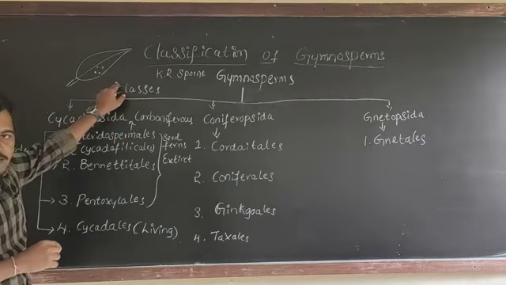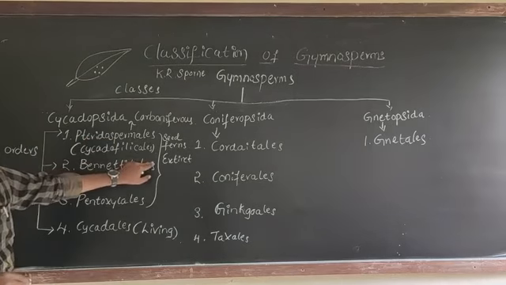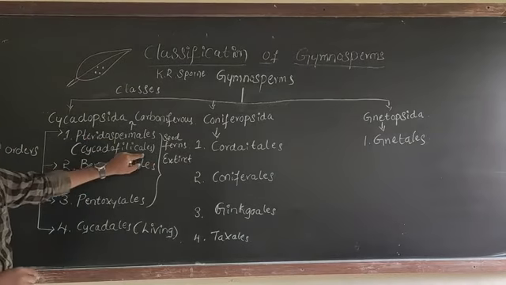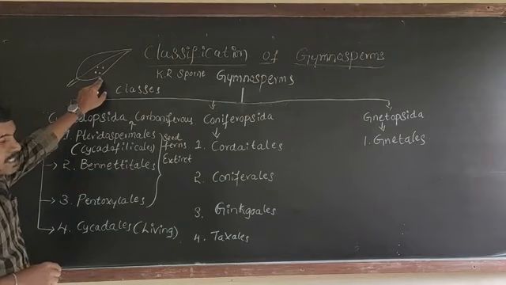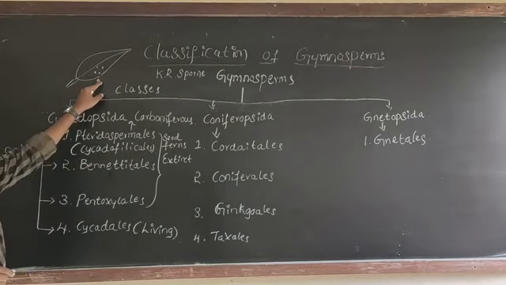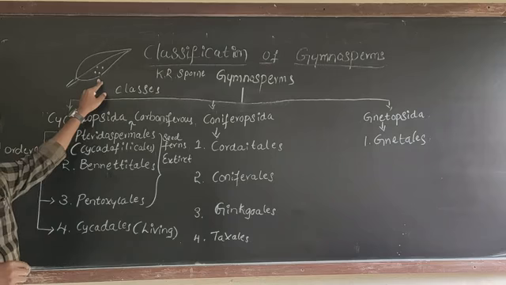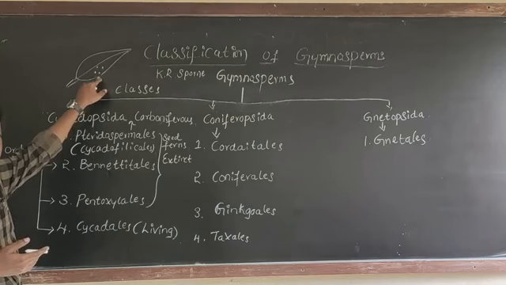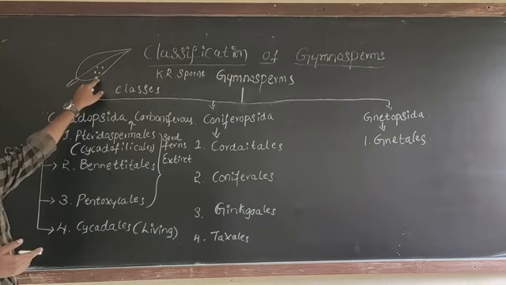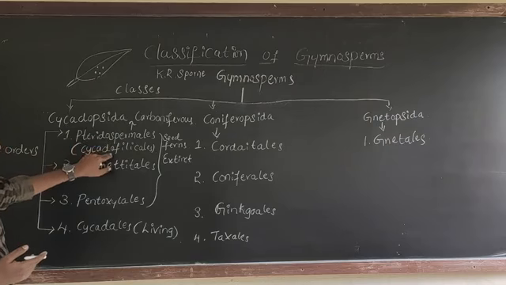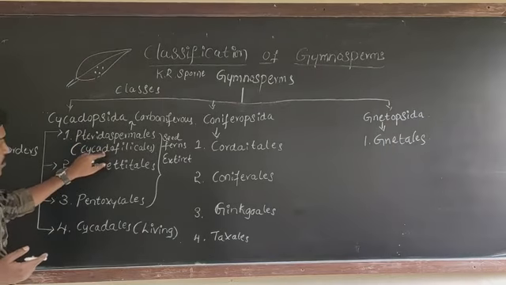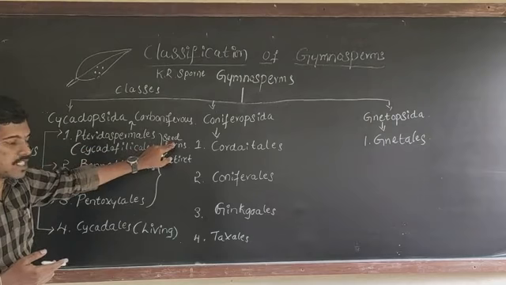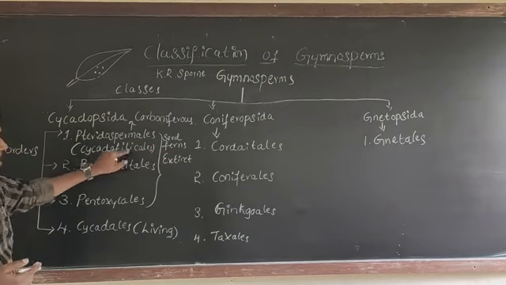This character is only seen in pteridophytes, where you find the reproductive structures under the leaf, but it is also present in Cycadofilicales. That's why they are commonly known as seed ferns.